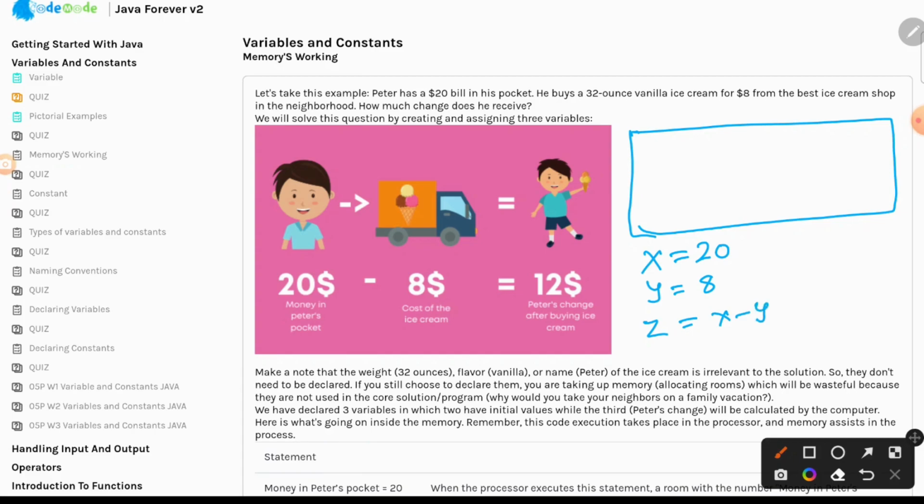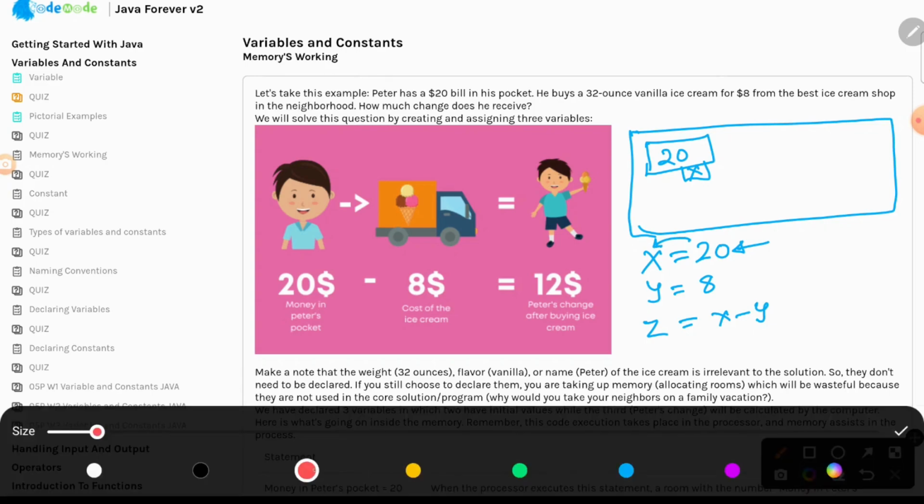When code executes, this line of instruction is executed by the processor. It goes and checks in the memory whether there is any room called X, and if no, then let's create a room called X and set a value 20, because we are setting a value 20 to X.